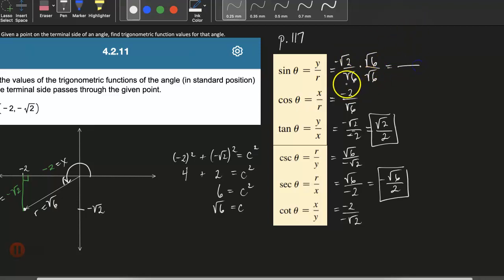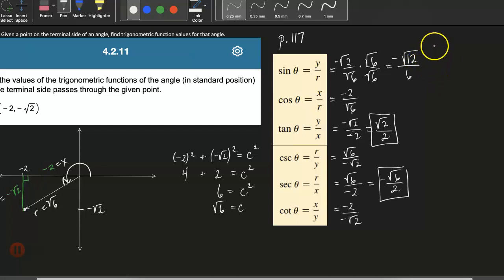So what we get in the denominator is square root of 6 times square root of 6, which is square root of 36, the square root of 36 being 6. Notice that immediately now I have this rational number in the denominator. In the numerator, what I have is negative square root of 12.